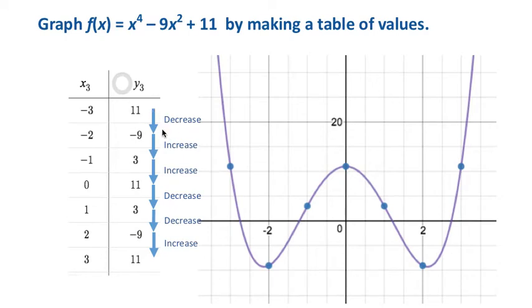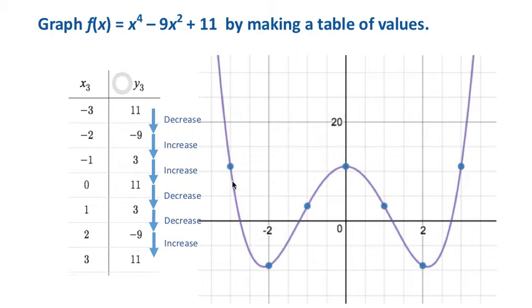What I'm illustrating here is how to estimate where the turning points are. Going from 11 to -9 is a decrease, but going from -9 to 3 is an increase. So it's decreasing and then increasing, so it must have turned somewhere around here. If you don't have a calculator, that's how you guess where the turning point is.